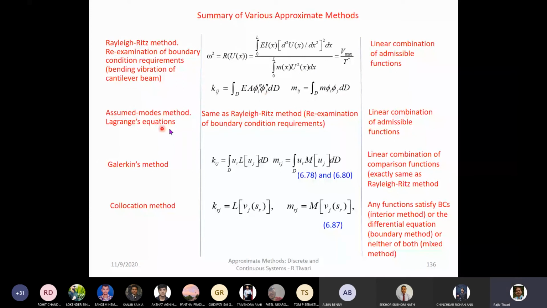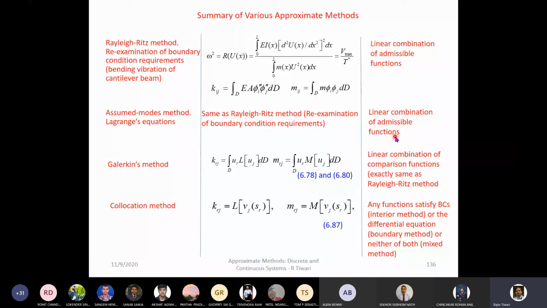And then the assumed mode method we had, which is similar to Lagrange's equation and similar to the Rayleigh-Ritz method. It is exactly the same, so I'm not repeating those expressions, especially when we re-examine the boundary condition, in which the requirement of the admissible function was there.